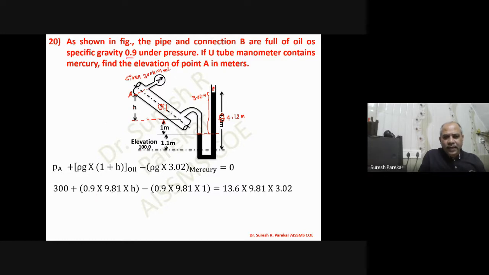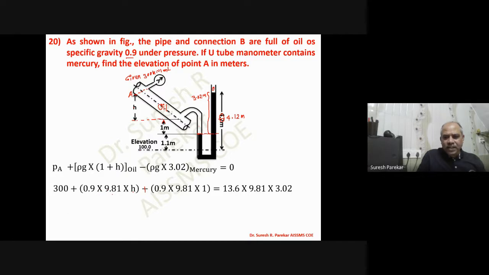So 0.9 into 9.81, in kilonewton per meter square, into (1 plus H). We have separated it, so H we have taken separately, and that is equal to 13.6 into 9.81 into 3.02. We have separated it because we have to find H, so we take it on the left side.